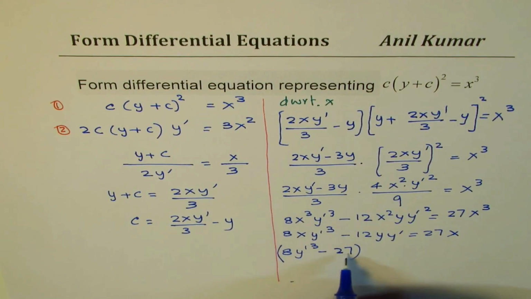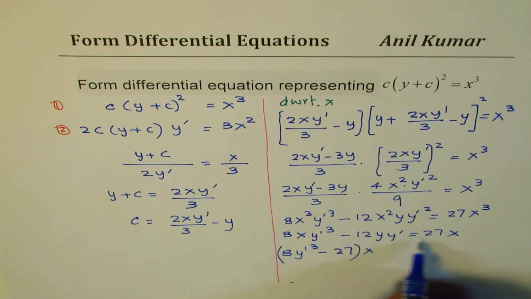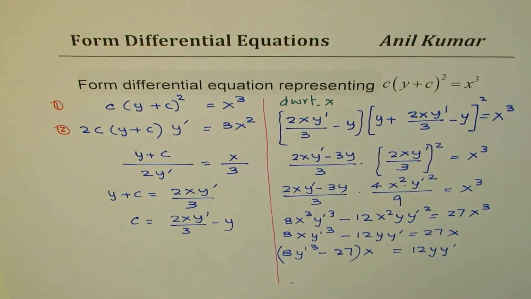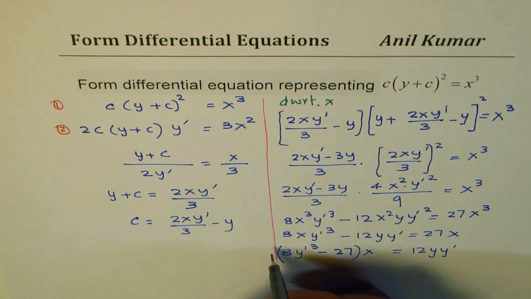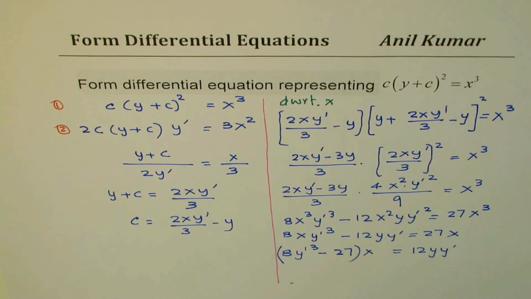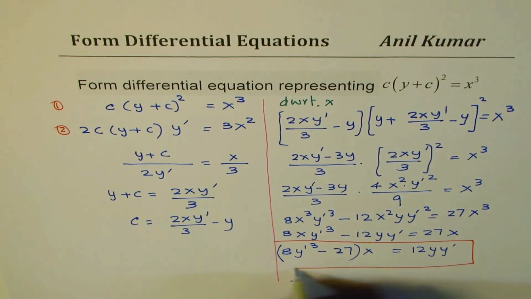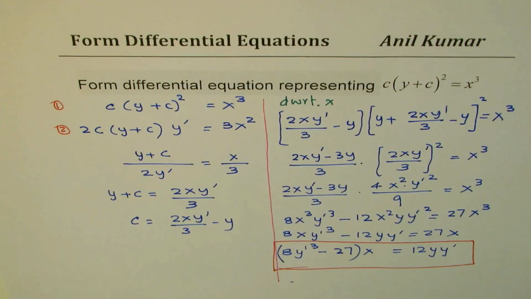So all this is with x, and we'll take the other term to the right side, 12y prime. Correct? So that is an equation. This is a differential equation which does not have your arbitrary constant. So that is representing the given function. That could be one way of writing it. So that will be our answer for the time being.